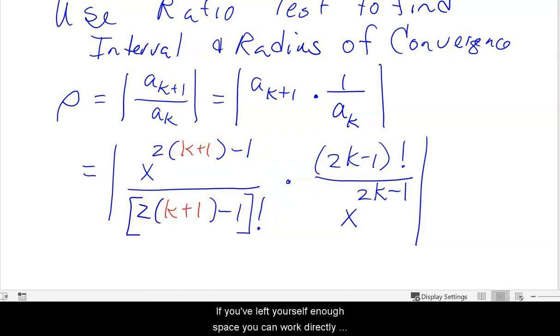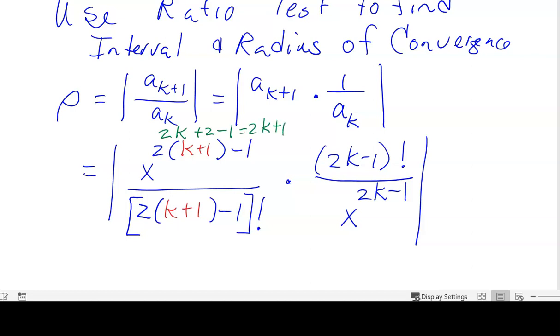If you've left yourself enough space, you can work directly above or below. In my case, I get 2k plus 2 minus 1, which is 2k plus 1. That means that this is also 2k plus 1 quantity factorial.